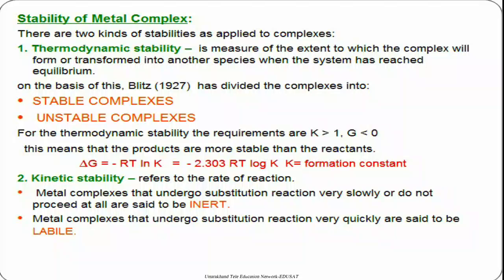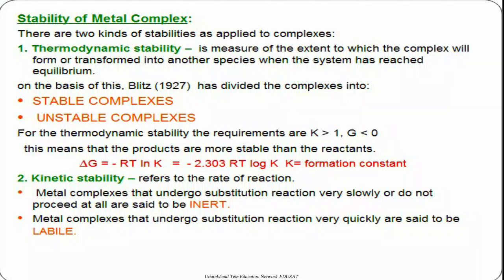On the basis of this, Bjerrum in 1927 divided the complexes into stable complexes and unstable complexes. For thermodynamic stability, the requirement is that if the constant K is greater than 1 and the free energy change ΔG is less than 0, then the compound will be more stable.